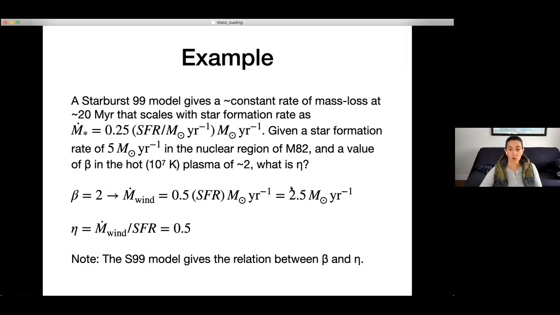So we get a total mass outflow rate in that case of 2.5 solar masses per year, which then, if you convert it to our more traditional definition eta here, you would get 0.5. Right, so in this case, the scaling between beta and eta is just given by this factor of 0.25 in front of the star formation rate. Great. And in this case, also note, the physics comes in here. It's the Starburst 99 model that's giving the relationship between beta and eta in this case.